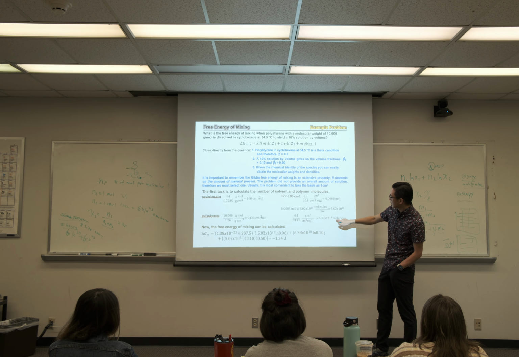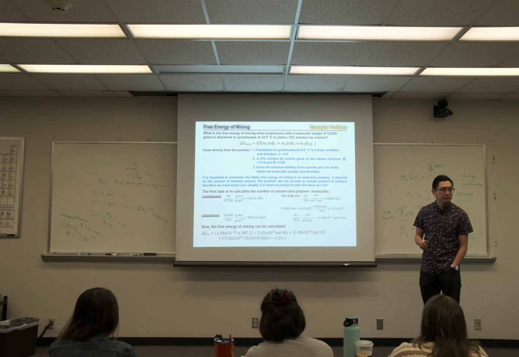You can see this would be the N1 for the solvent molecules, this would be the N1 for the polymer. I'll give you a second to digest. This would be one way you can do that.